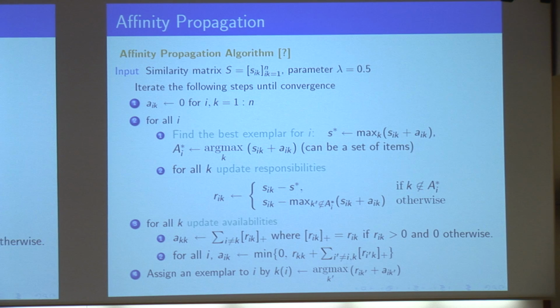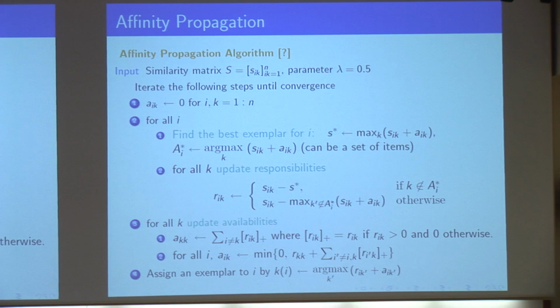If I'm a winner, it is how much I win by. If k is not among the winners, it is how much it loses by. But if k is among the winners, it is how much it wins with respect to the next best candidate. And again, there is no theoretical justification for this. I'll tell you what the analogy is.